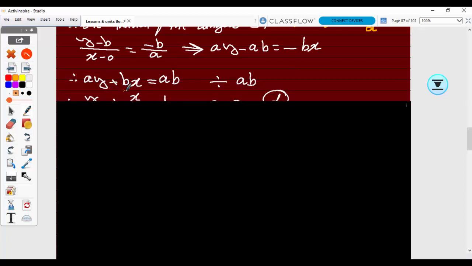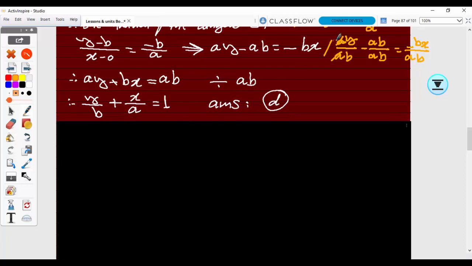So dividing both sides by ab, what do we get? We have ay divided by ab minus ab divided by ab equals negative bx over ab. a divided by a equals 1.